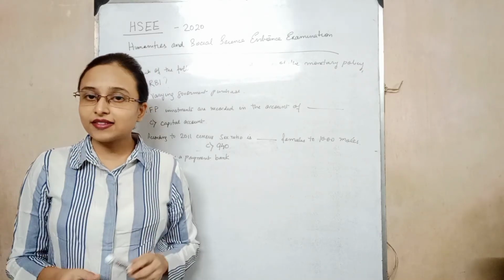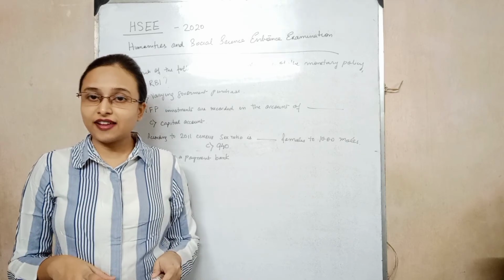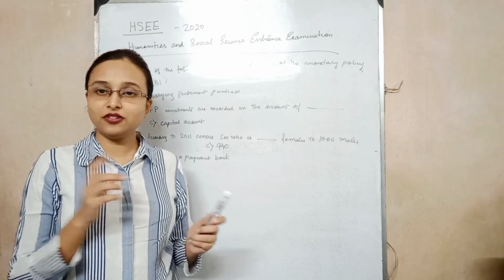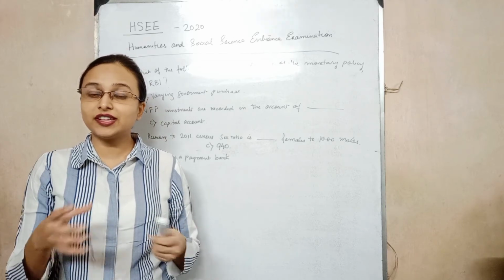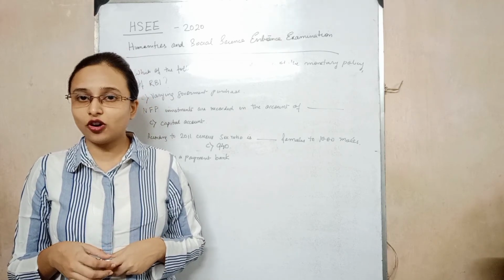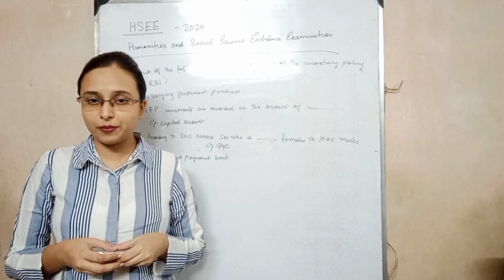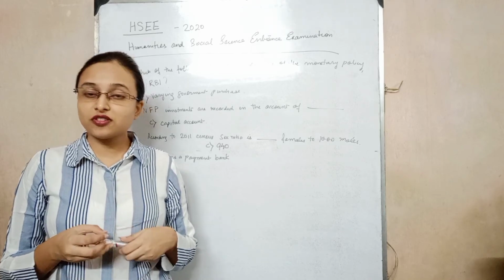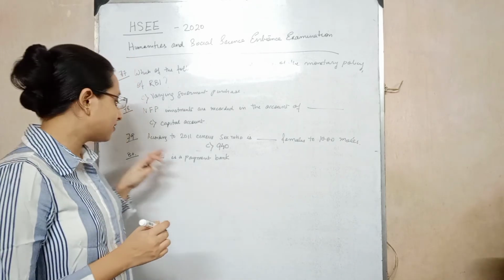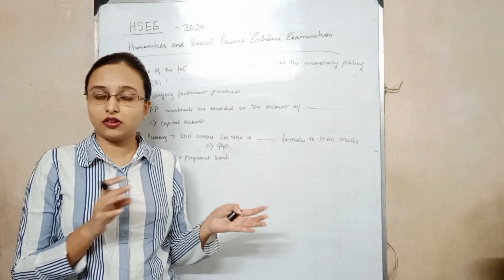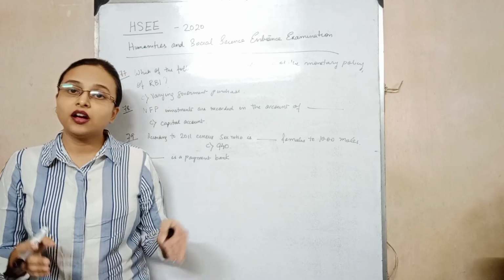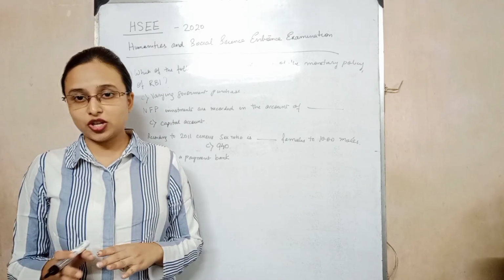Okay, you must have heard of many advertisements of so and so payment banks, right? So this is a very relatable question that we have got in this paper, the 2020 paper. So the question is, dash is a payment bank. I've given you the concept. I hope you can understand the difference between a payment bank and a commercial bank.